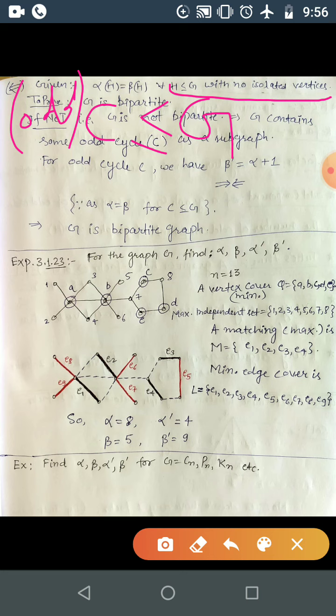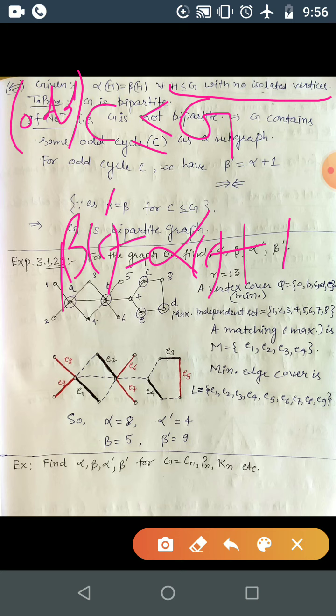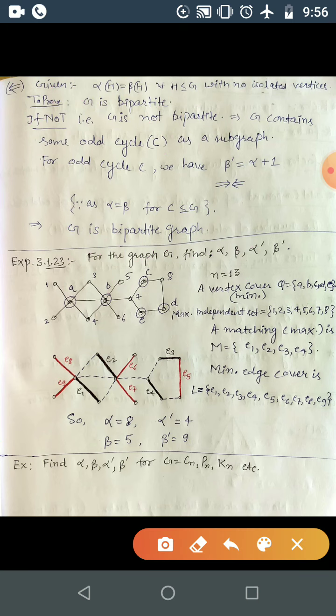And for odd cycles we have beta dash is equal to alpha plus 1. So for this cycle beta dash C is equal to alpha C plus 1. So G is not bipartite, G contains some odd cycle, and for every odd cycle beta dash will be equal to alpha plus 1.